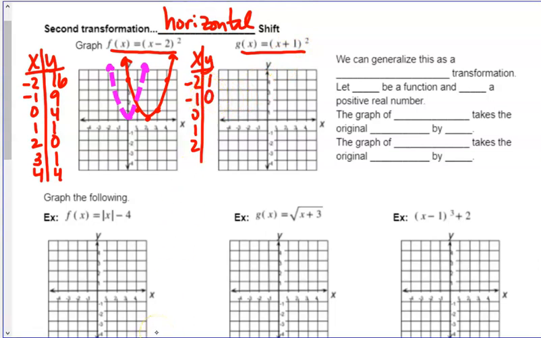If I put 0 in there, 0 plus 1 is 1, 1 squared is 1. 1 plus 1 is 2, 2 squared is 4, and 2 plus 1 is 3, 3 squared is 9. Again, to eliminate this t-chart, that's why we're investigating these patterns. Now, if I were to graph each of these points, -2, 1, -1, 0, 0, 1, 1, 4, and 2, 9 is off the chart.